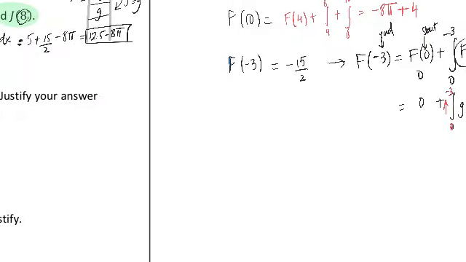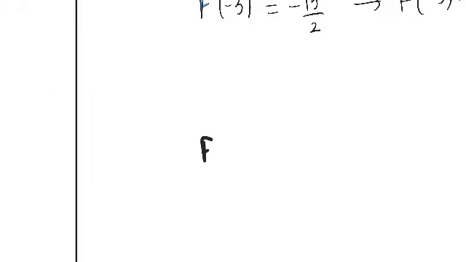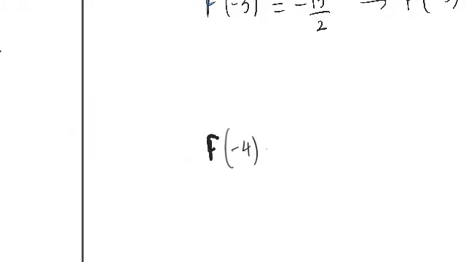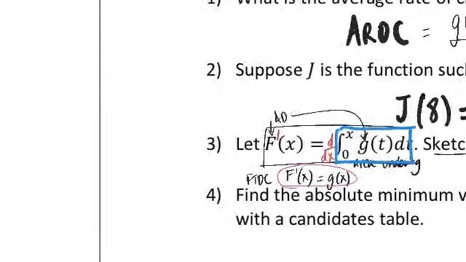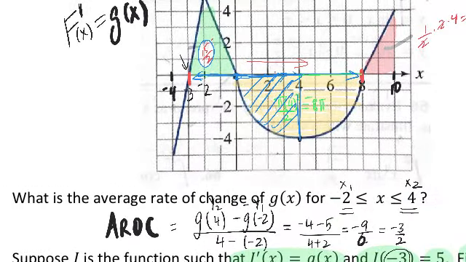Let's do one last one. Let's do f of negative 4. So now I'm going to be here, right? So I started at 0, and then I was at negative 15/2, and now I'm going to have to add in this area here. And I'm saying add because here's a case of two negatives that are canceling, right?